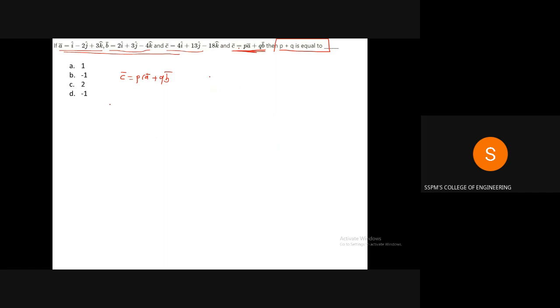So c bar is 4i cap plus 13j cap minus 18k cap is equal to p into a bar, and a bar is i cap minus 2j cap plus 3k cap, plus q into b bar, and b bar is 2i cap plus 3j cap minus 4k cap.